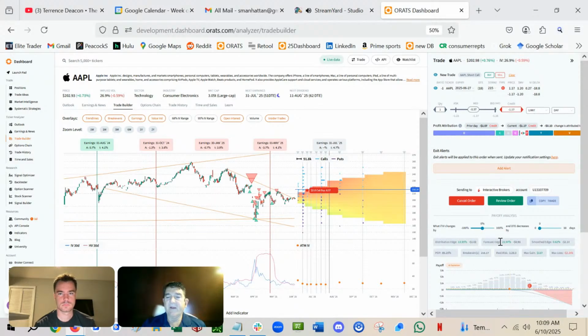So when you're selling, there's a large forecast edge there. So you're selling at $1.17, and we only have it worth on our forecast of 90 cents. So that's definitely one thing you want to think about when you're trading.